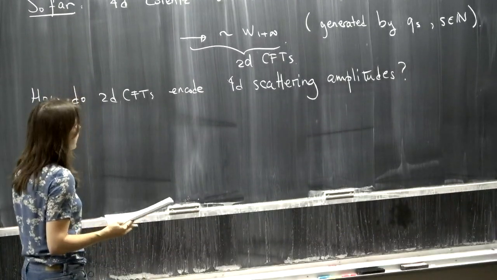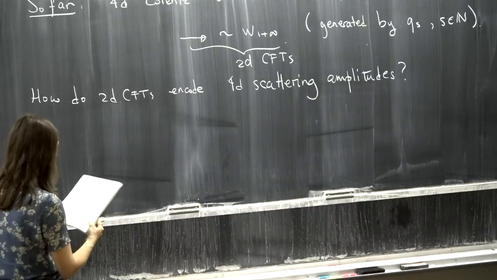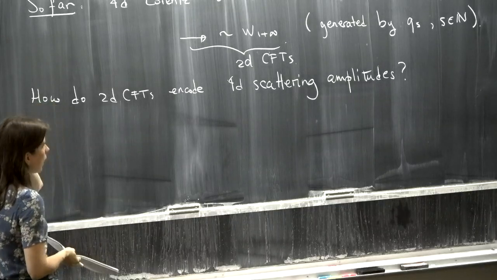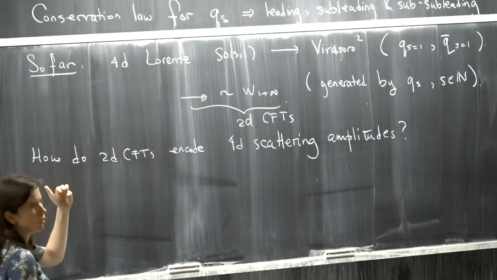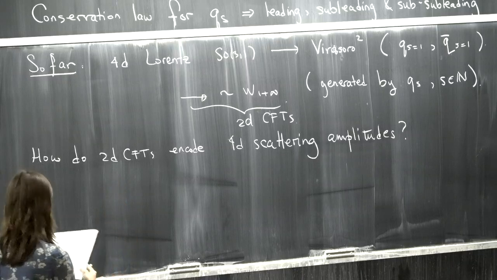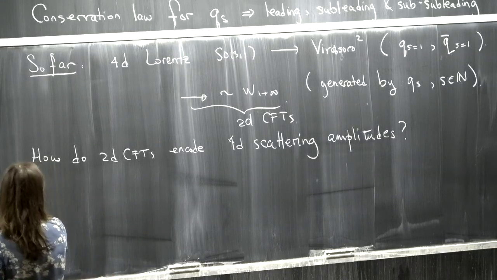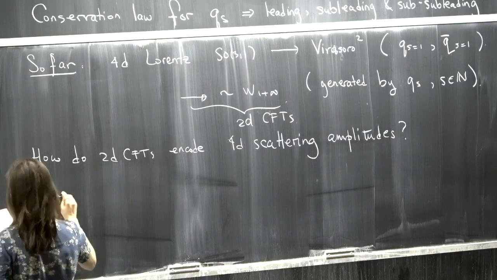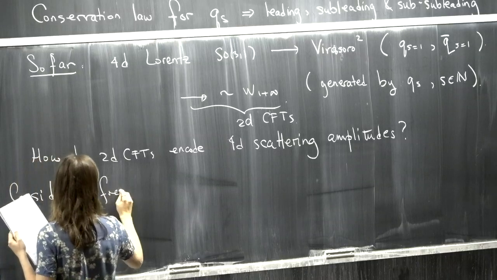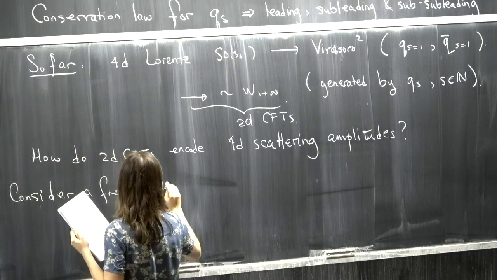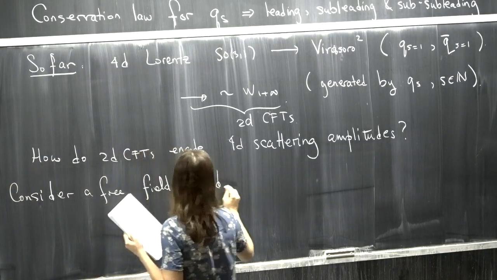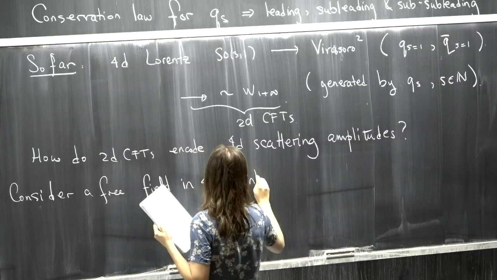And to start making that connection a bit more precise, one can start with the quantization of a free field in four-dimensional Minkowski space. So consider a free field in four-dimensional Minkowski space.